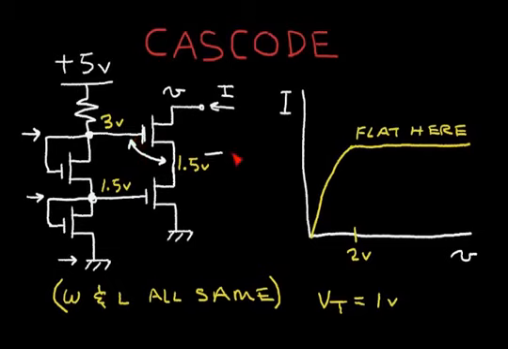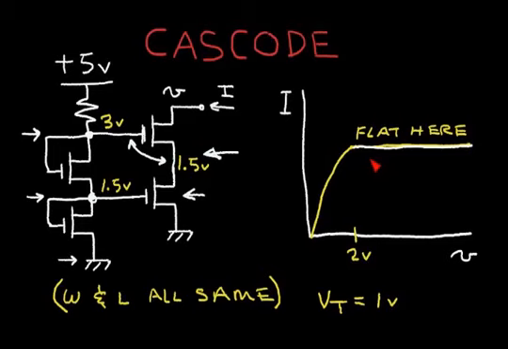So the key thing is that this voltage is more or less fixed at 1.5 volts. So I have fixed the bias point at this particular transistor. And this is a transistor that controls the current in my current source. So as I change the voltage here, this 1.5 volts stays very constant. So my current remains very flat. And that's the advantage of the cascode, is that this current remains very flat. I don't have as much slope.